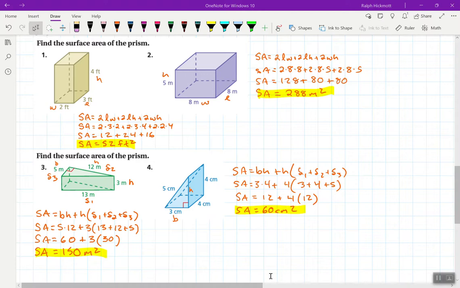Number 4 was a little trickier because if you notice, it is a triangular prism, but it was flipped on its side. The bases of this shape are the triangles, and the lateral faces are rectangles. So even though it's flipped on the side, you have to be careful of what you put in for the BH triangular part.